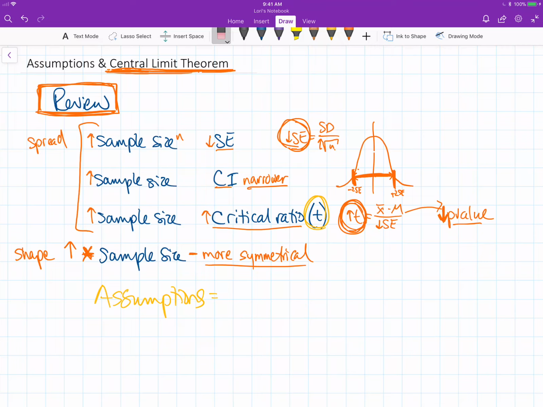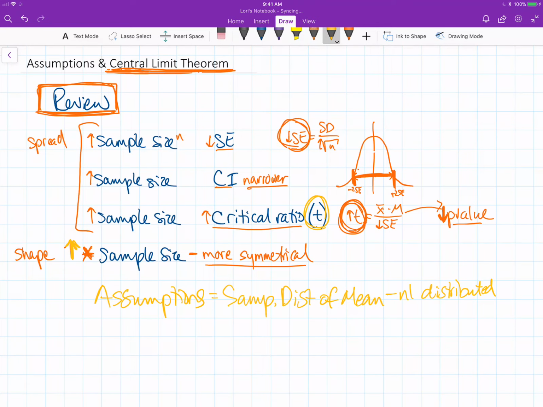SD usually means standard deviation. The sampling distribution of the mean needs to be normally distributed. And as our sample size goes up, that is more and more likely to happen.